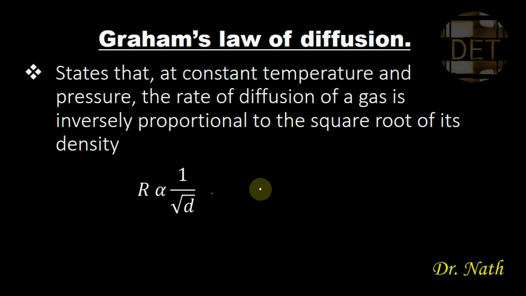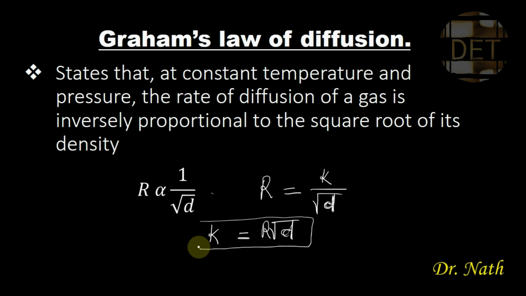By bringing in a constant, my rate of diffusion will now be equal to K all over the square root of D, which is the density of the gas. So my K, which is my Graham's constant, will be equal to Rho square root of D. This is the Graham's constant for the rate of diffusion of this gas.